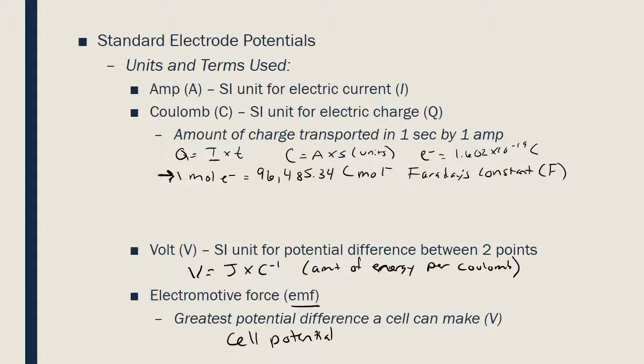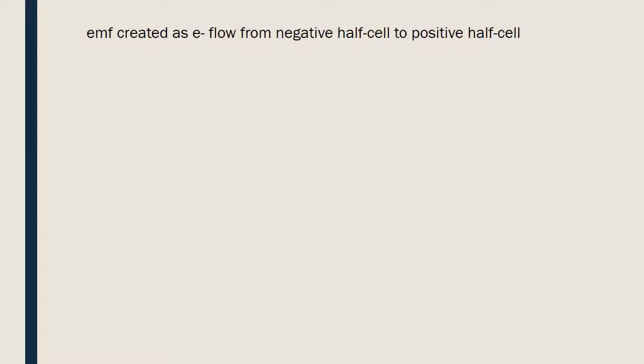So these are all the different units which we will see and use, and hopefully by the end of this video, which will be a longer video, I apologize, you'll start to understand where everything comes in. So an EMF, or the electromotive force, is created as the electron flows from the negative half cell, your anode, to the positive half cell, your cathode.